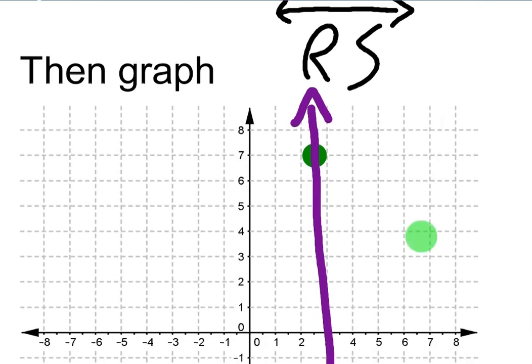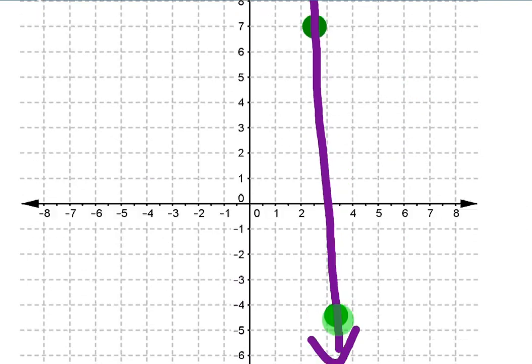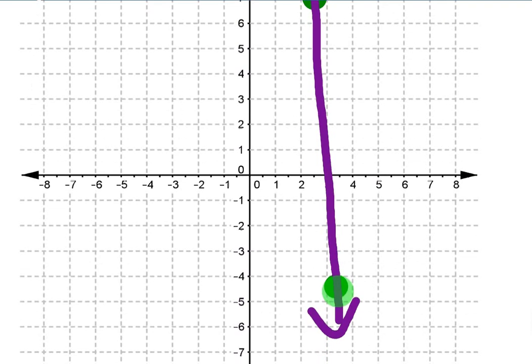Pi is 3.14, so somewhere about right here, and then it says negative 4.5. So I'm just giving you something that you could see. One day you might have to graph something that's pi comma negative 4.5. And again, pi is somewhere a little bit past 3 at 3.14 for your x value.